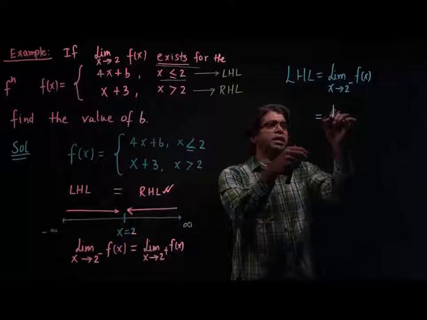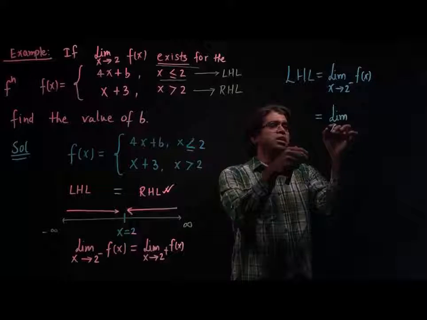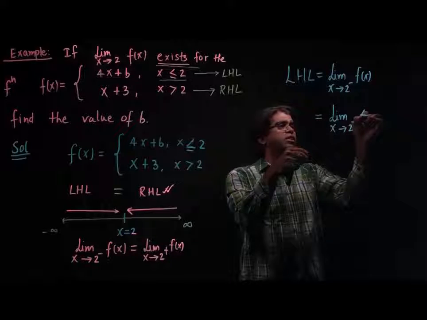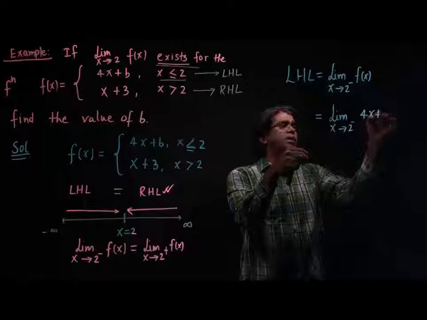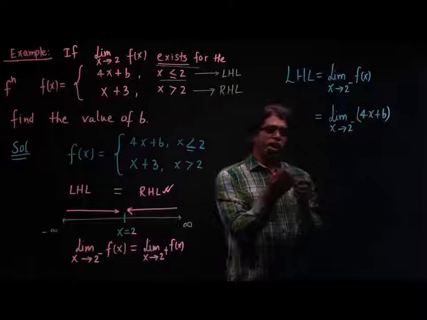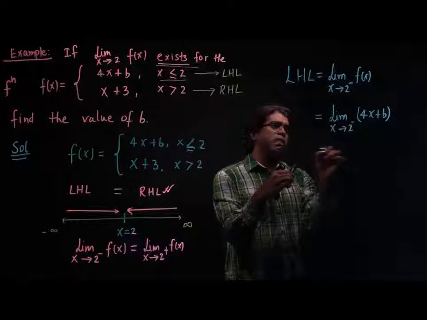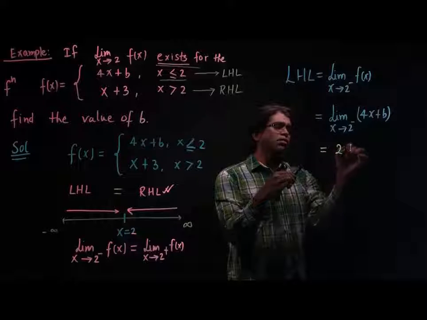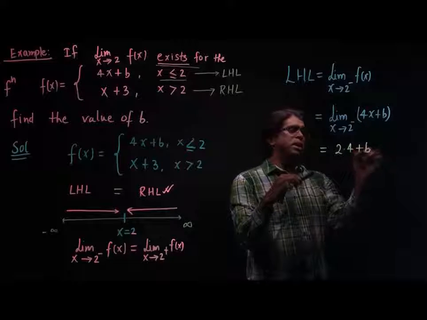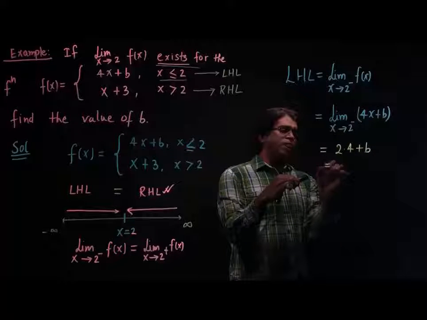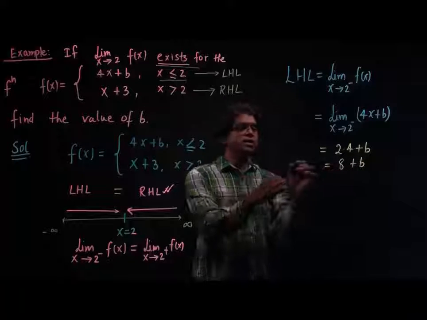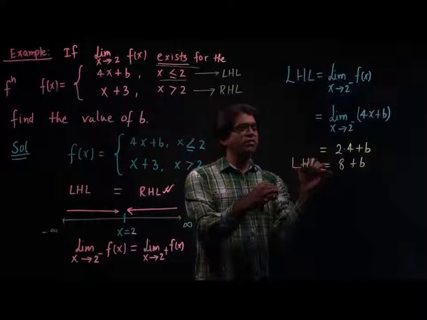So I write limit x tends to 2 minus of 4x plus b. Now let's substitute the value: I write 2 times 4, because x is 2, plus b. If I simplify, 2 times 4 is 8 plus b. And this is my left hand limit of the function.